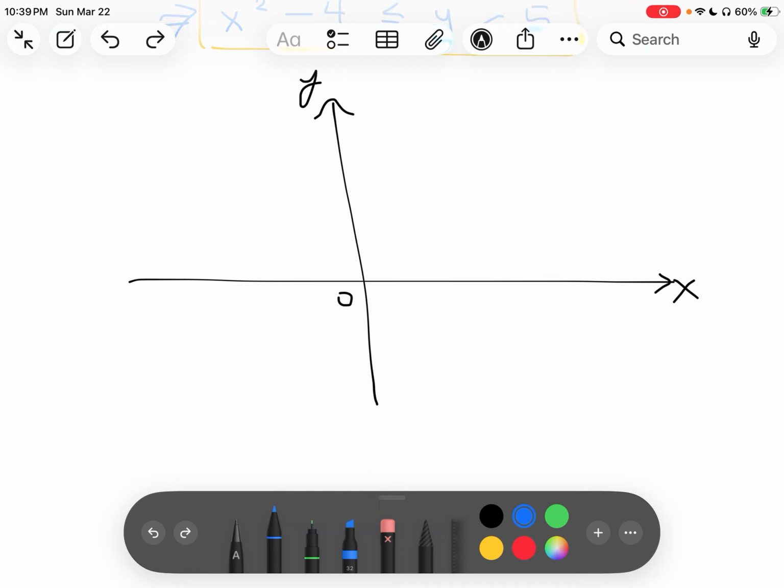So let's say this is like minus 4. Okay. And let's say this is, I don't know, 5, right?